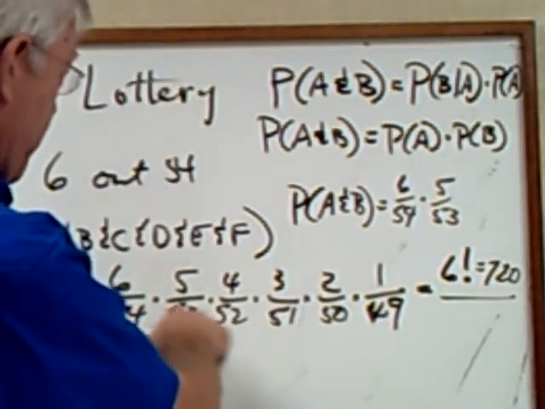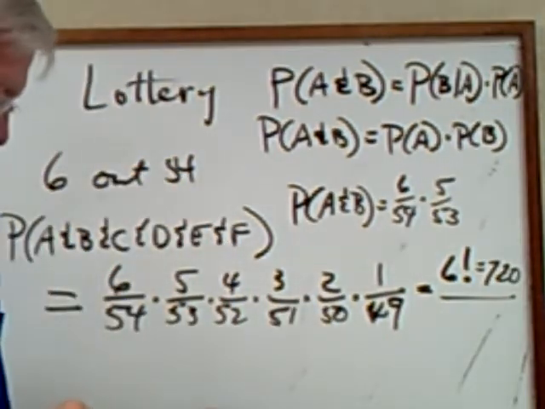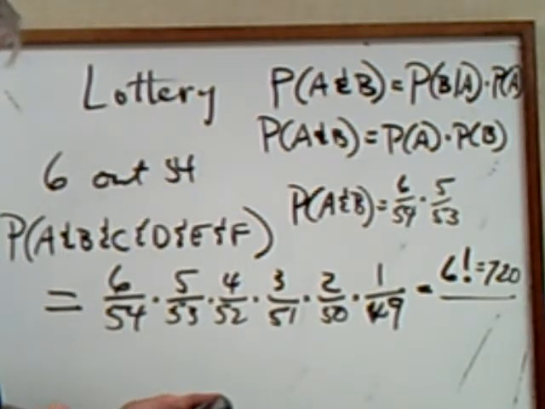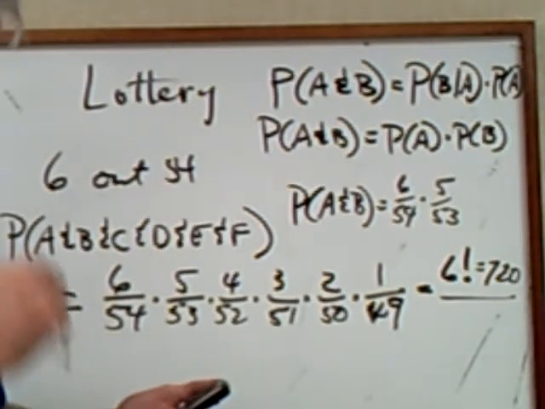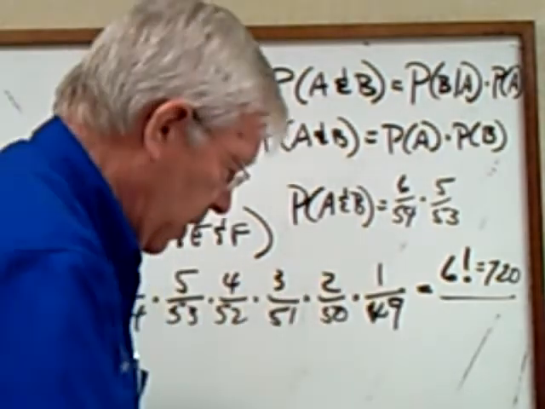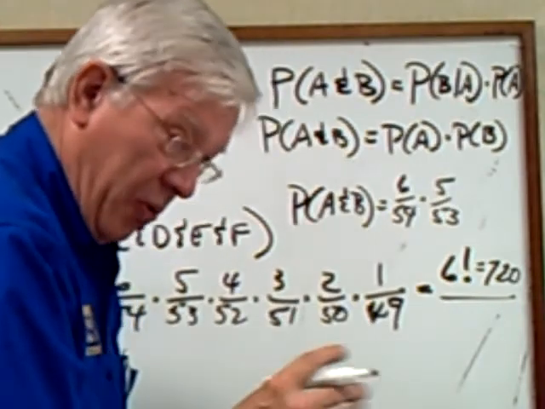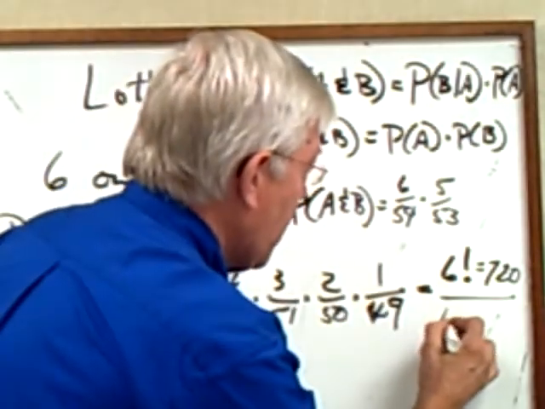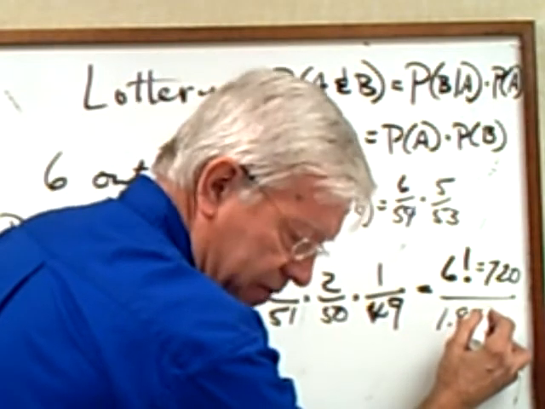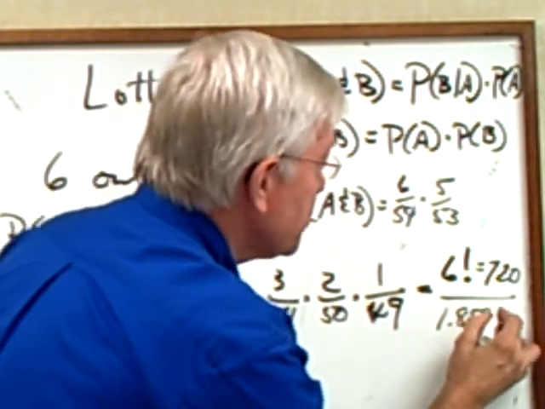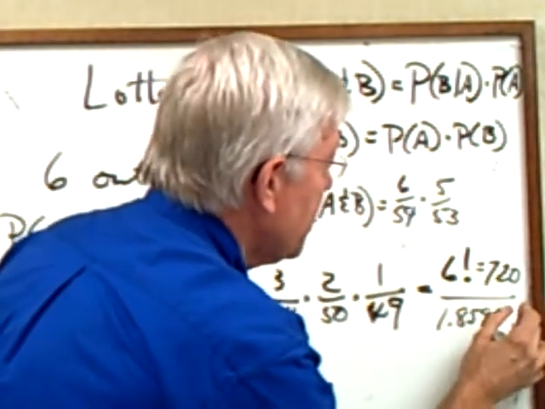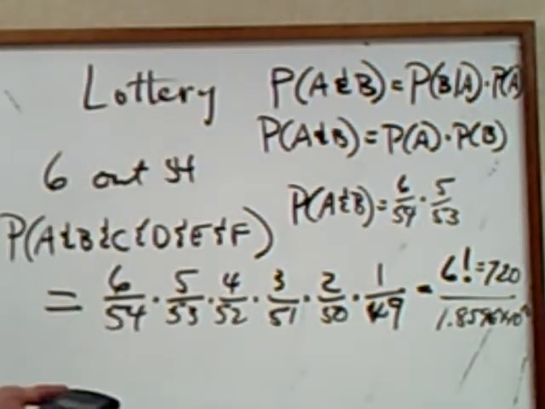Okay, and if I multiply all this out, I've got 54 times 53 times 52 times 51 times 50 times 49, and what I come up with is, and I'm going to round this one off a little bit, 1.8596 times 10 to the 10th. Okay, that's a pretty big number.